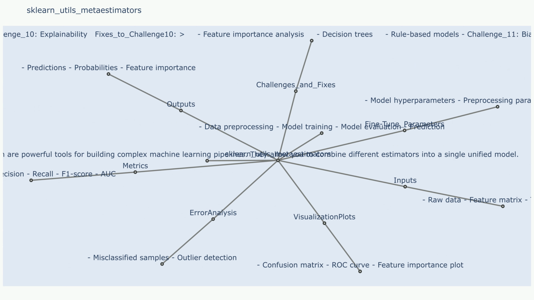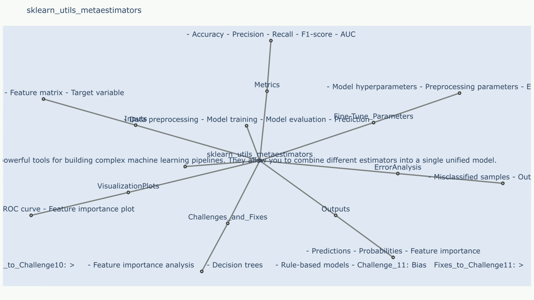Steps: Initialization: the meta-estimator is created with specified base estimators and hyperparameters. Training: the meta-estimator is fit to the training data, which typically involves training the underlying estimators and potentially learning additional parameters.